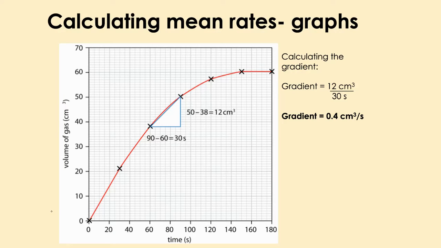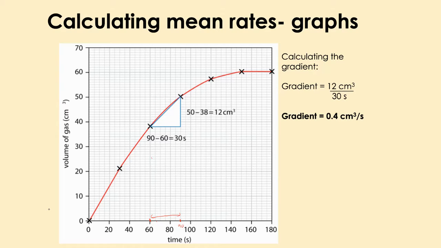So if I want to calculate my mean rate, I can do this in two ways. If I want to measure the rate over a period of time, so I'm measuring the time between 60 seconds and 90 seconds, I'm measuring the rate over that time period.